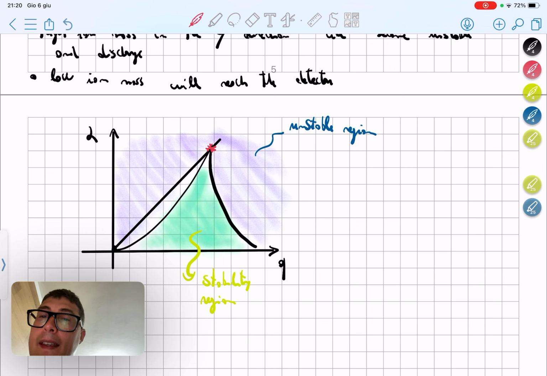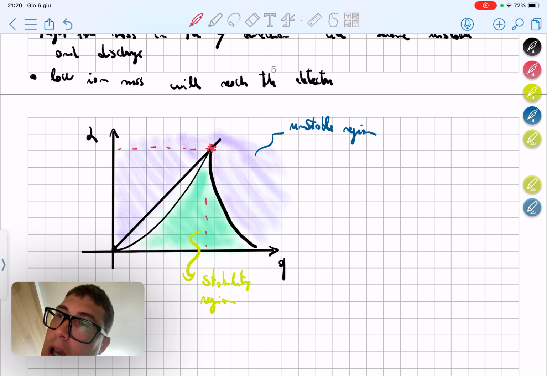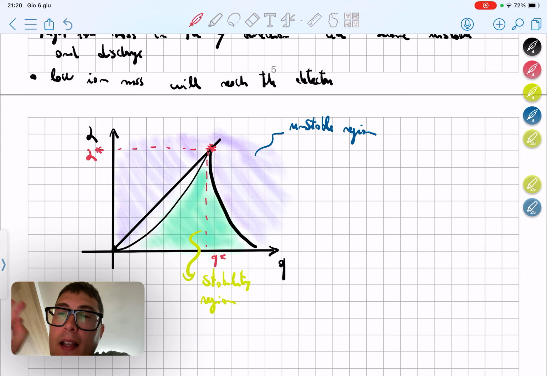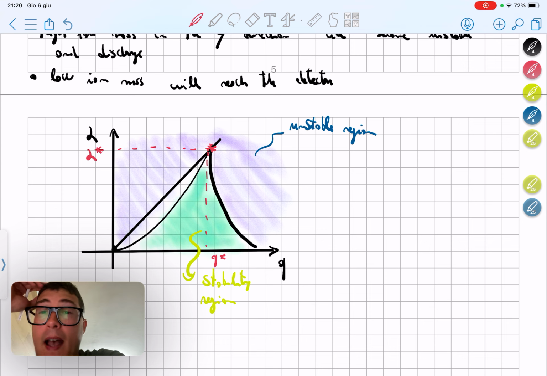And in this regard, if we tune our potential in order to have alpha star, say q star, we will have a very high sensitivity because only ions with that specific alpha star and q star value can pass. But the resolution of this filter is essentially very close to zero because only that specific alpha and q can pass.